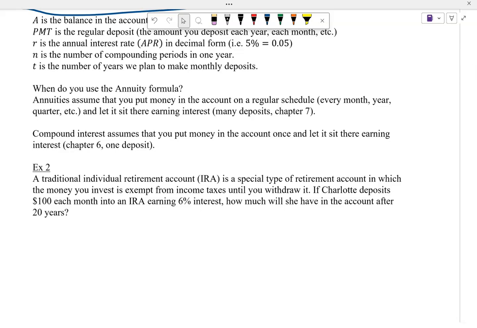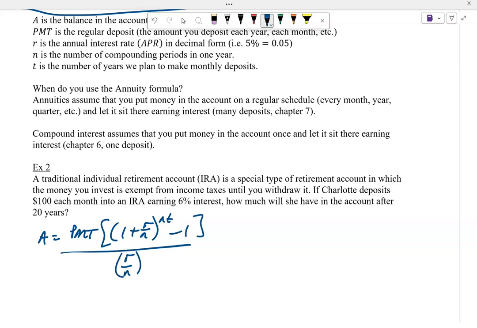So let's do it for this first one. We put our money into a retirement account in which the money's invested. So we're putting in $100 each month. Let's go ahead and write our formula here. So PMT, we got 1 plus R over N to the NT minus 1, all over R over N. All right.